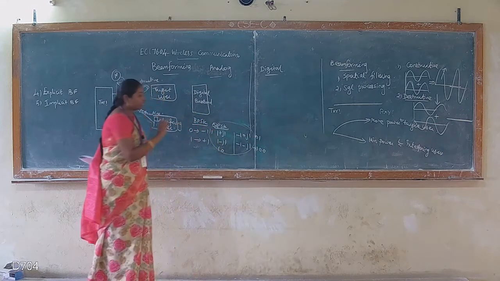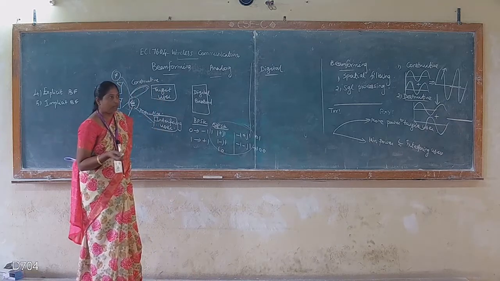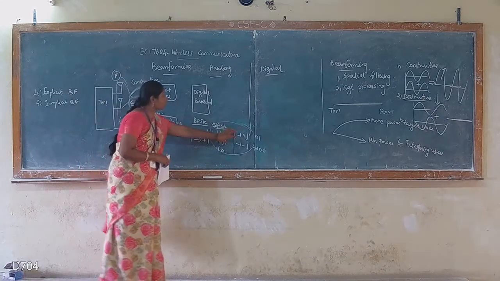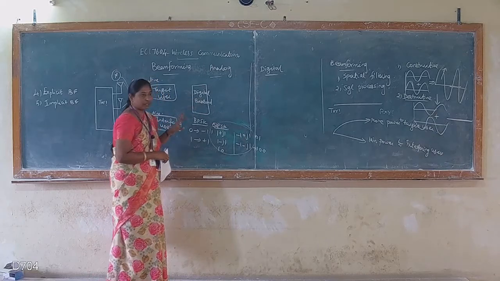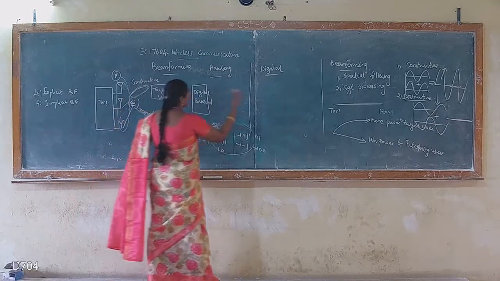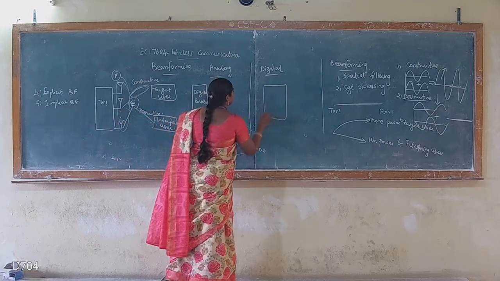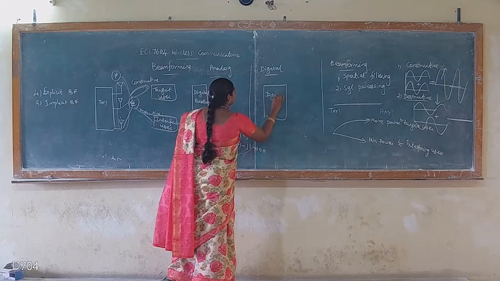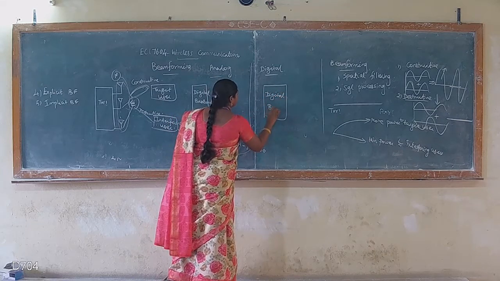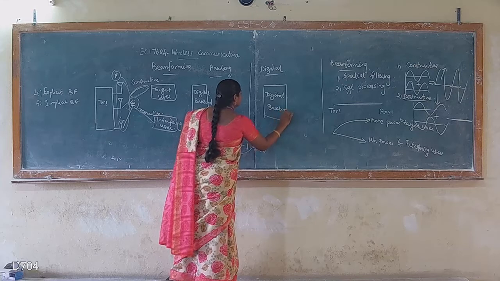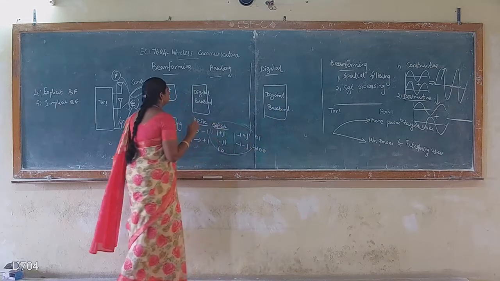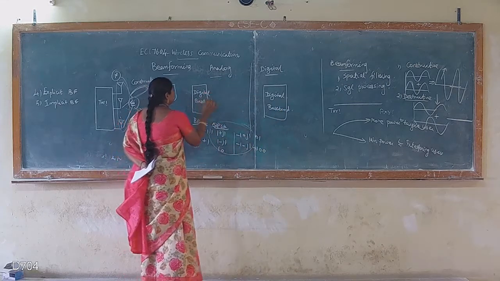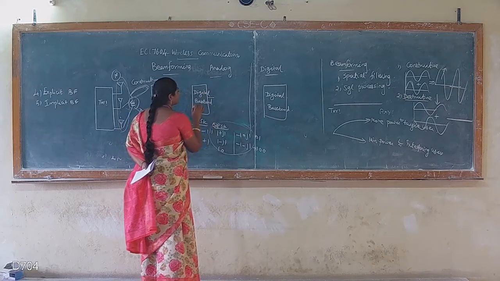In this way, first we have to convert our information. Those constellation points are called the digital baseband. So both are done at the digital baseband category. Now the difference is that here only one information stream is transmitted.